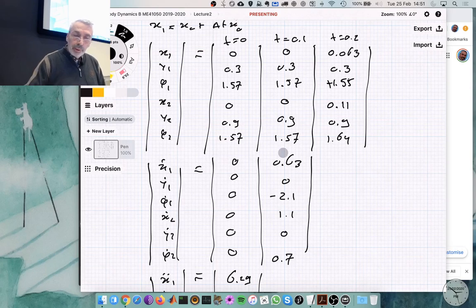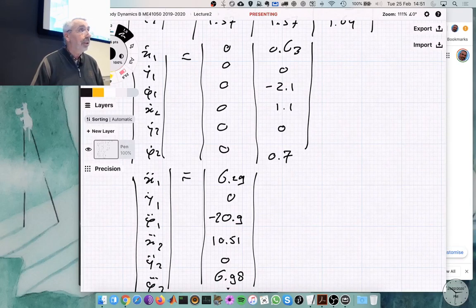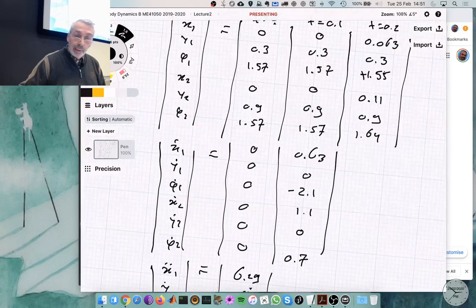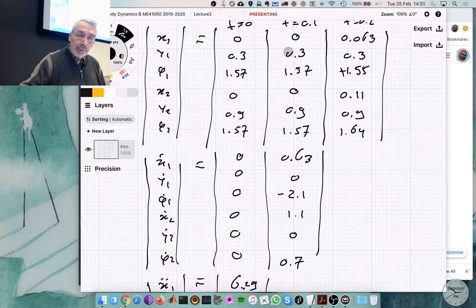And how do we find the new speeds? Well, then we have to calculate the new accelerations, which I don't have. So we have to put in our state vector this position and this speed, and then recalculate the acceleration.